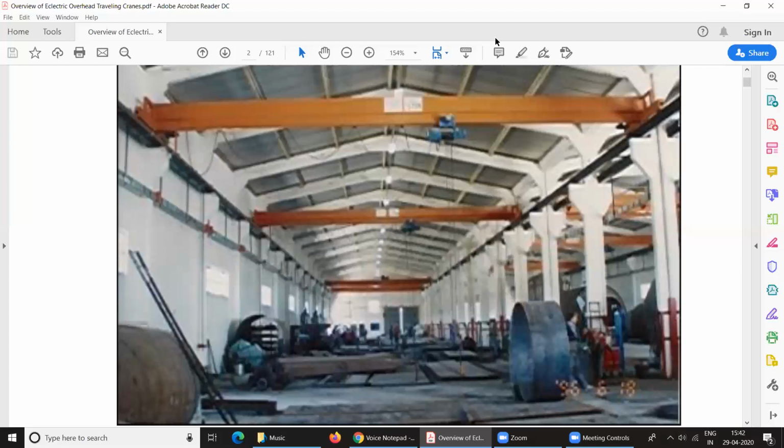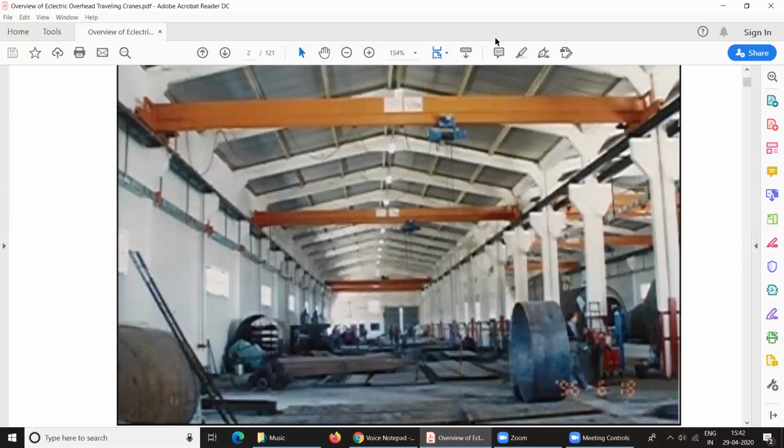Now the second type is stationary revolving cranes. Number one is the wharf crane. Number two is the pillar crane. Number three is the tower crane. There are some mobile cranes also.